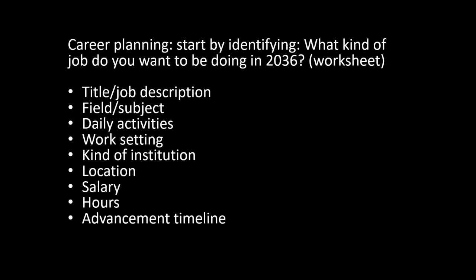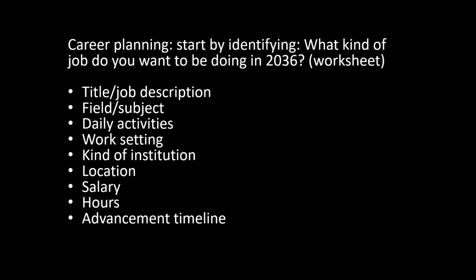So the key here is not to think about what you want to be doing the day after or the year after you graduate, but where you want to end up in about 12 years. That means you can start now to plan out the steps that you need to take to get yourself to that career in the future.